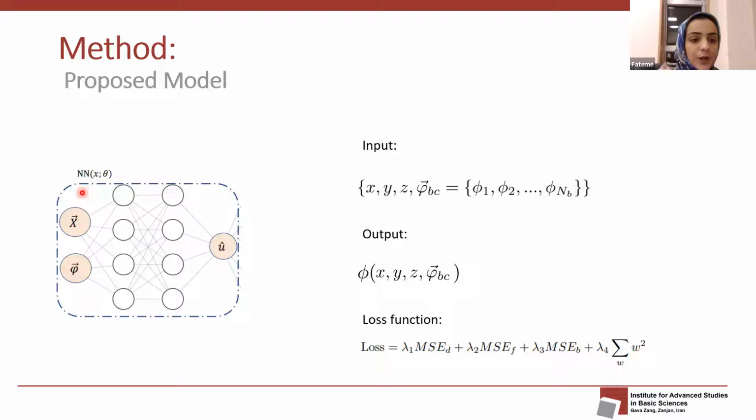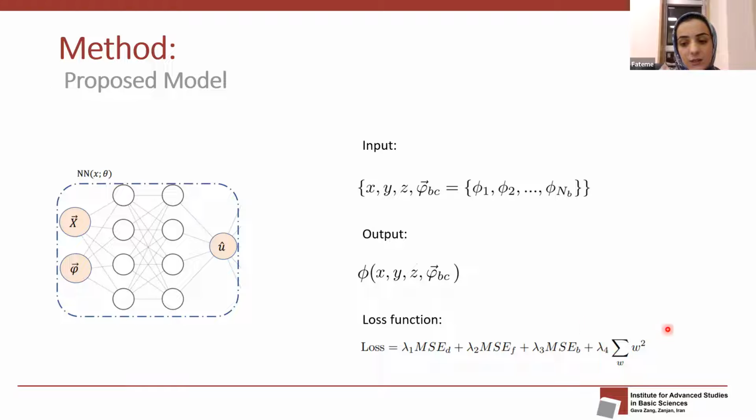Apart from our input layer that consists of 29 features, it is very important to know what our loss function is. Our loss function consists of 4 main parts.